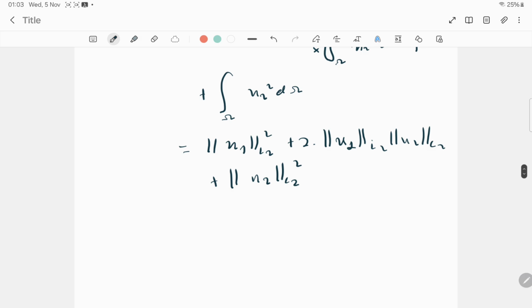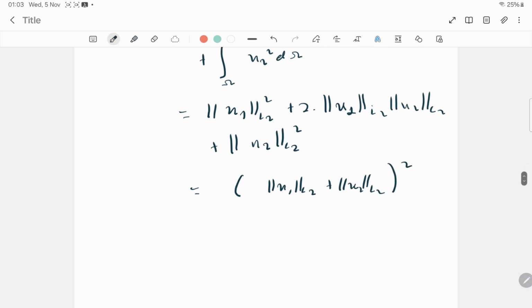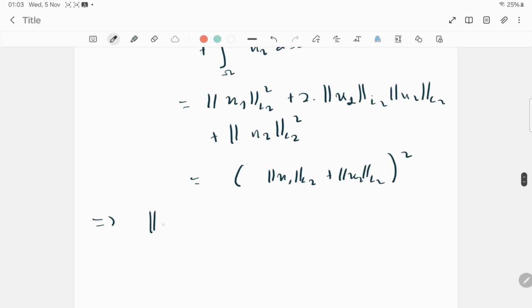squared. And that is just the norm of U1 in L2 plus the norm of U2 in L2, raised to the power of 2. So far we have that the norm of U1 plus U2 in L2 squared is less than or equal to the norm of U1 in L2 plus the norm of U2 in L2, squared.